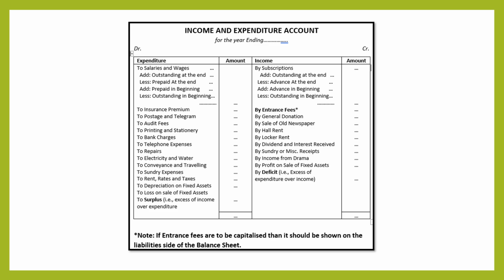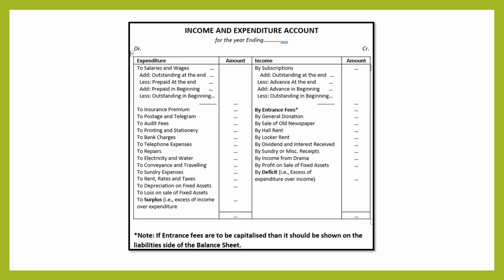If the credit total exceeds the debit total, the difference is called the surplus, or we can call it the excess of income over expenditure. On the other hand, if the debit total exceeds the credit total, the difference is a deficit, called the excess of expenditure over income.